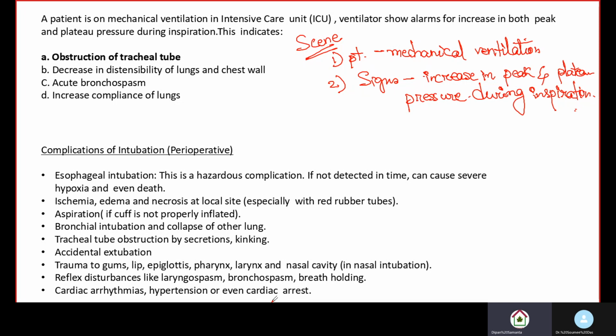So what does this indicate? It indicates obstruction of tracheal tube.